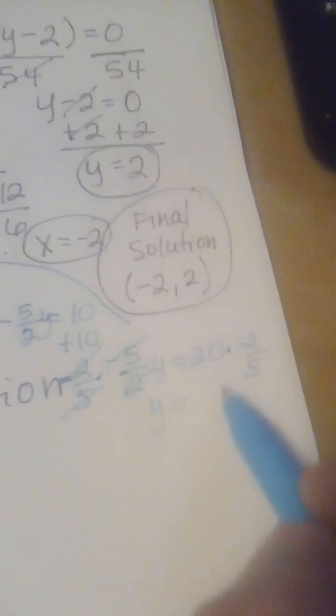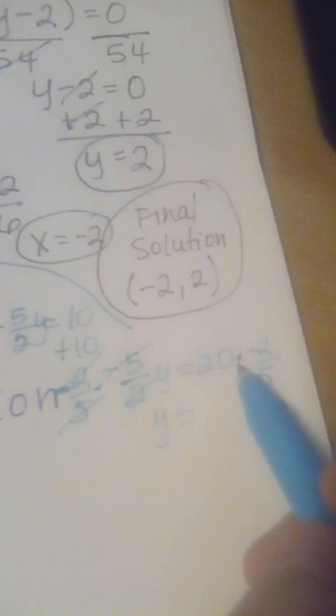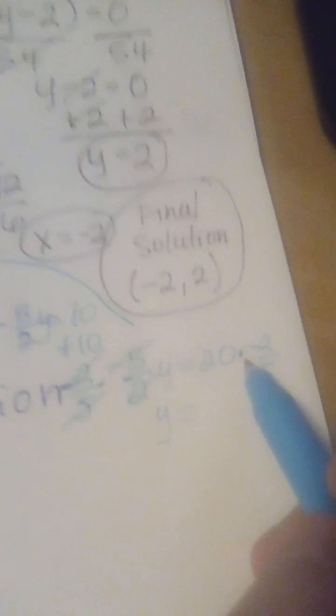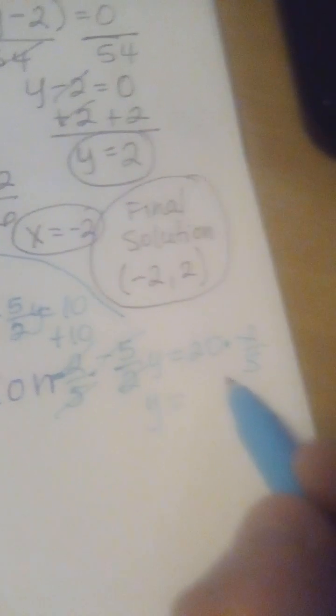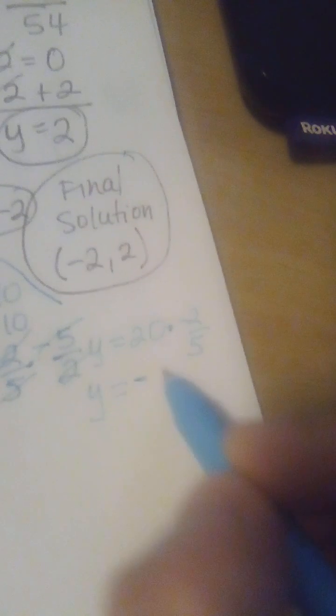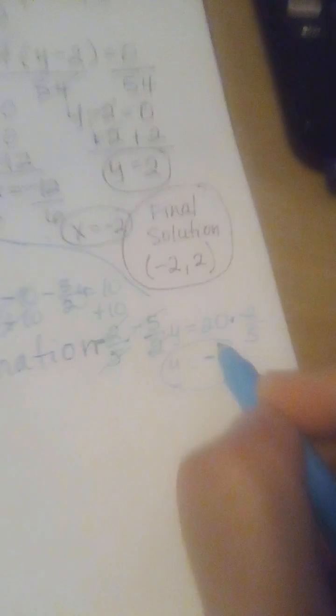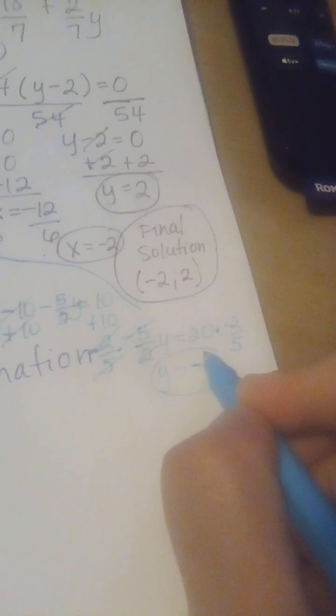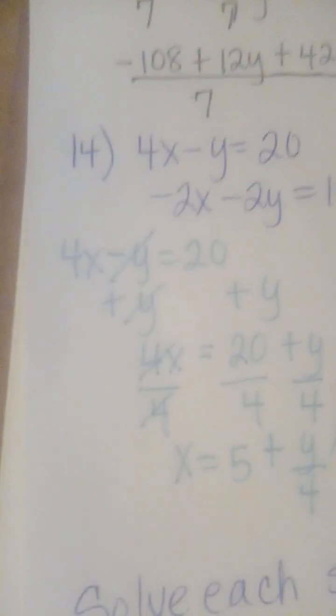We have 20 times negative 2 is negative 40. Over 5 will be negative 8. y is negative 8. Now we have the y part. Right? Any questions on how I got this part?